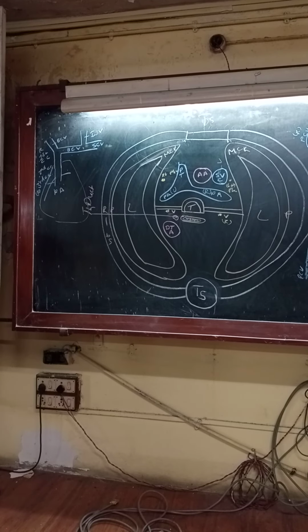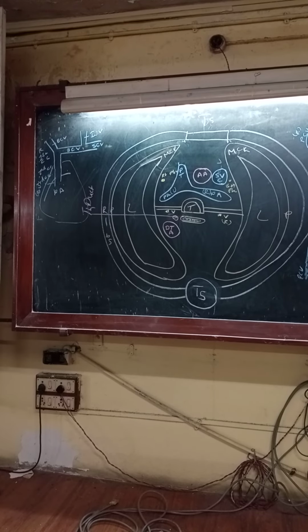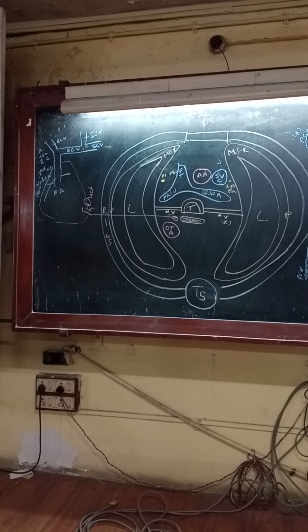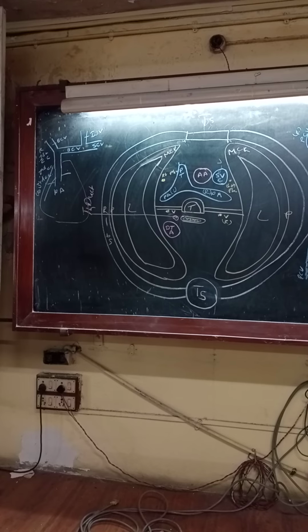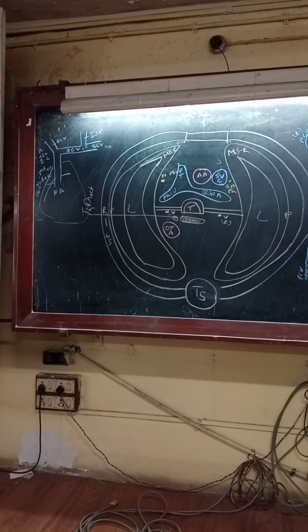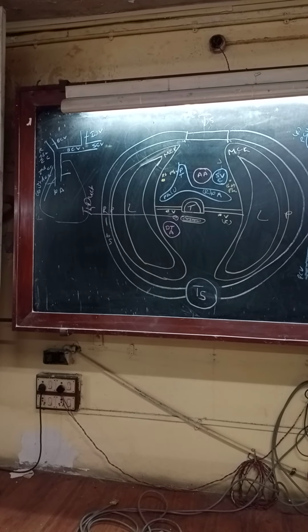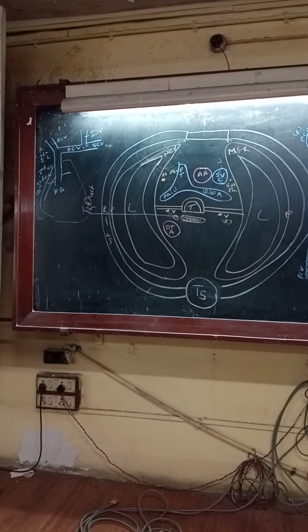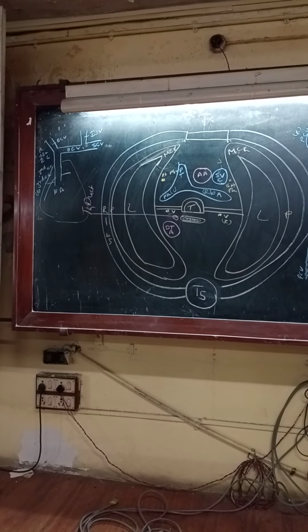So SVC is formed behind the right first costal cartilage, pierces pericardium behind the second costal cartilage, enters the right atrium behind the right third costal cartilage. Okay.